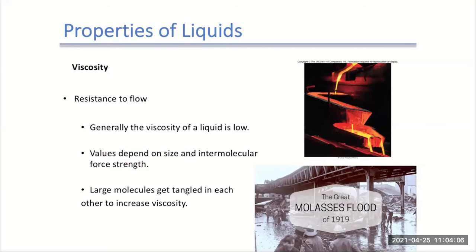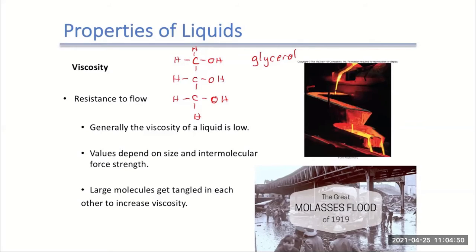If we compare that to something like glycerol, glycerol we see has 1, 2, 3 OHs. Glycerol is actually a very thick liquid. Glycerol we tend to think of as a very viscous type liquid. It doesn't want to flow that easily.